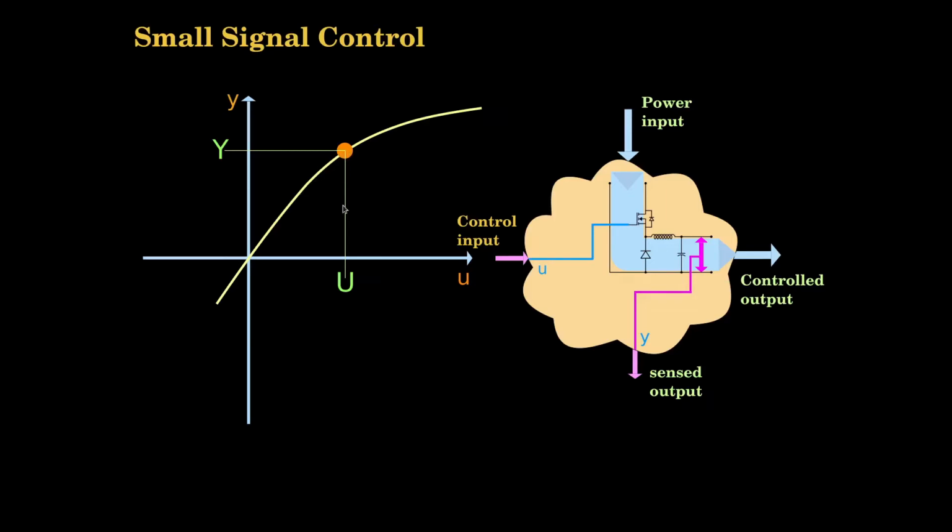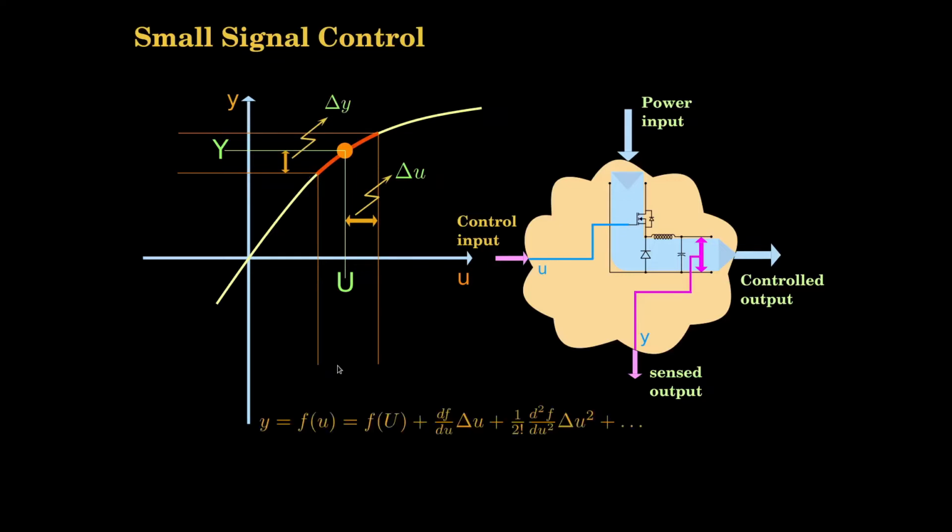So let's say the operating point is this uppercase U. This is the input that is applied, and this is the nominal output that is obtained. And our interest is to see the deviations in the neighborhood of the operating point. If there are deviations, will the control system be able to take control and bring it back to the operating point? So you have these deviations, delta U and delta Y.